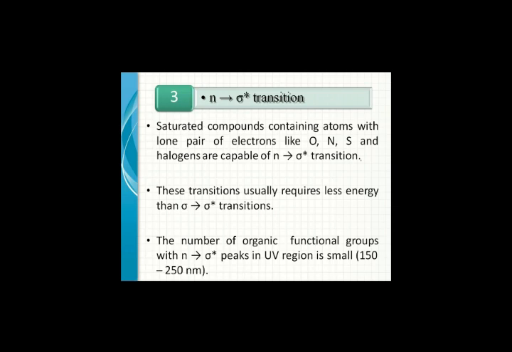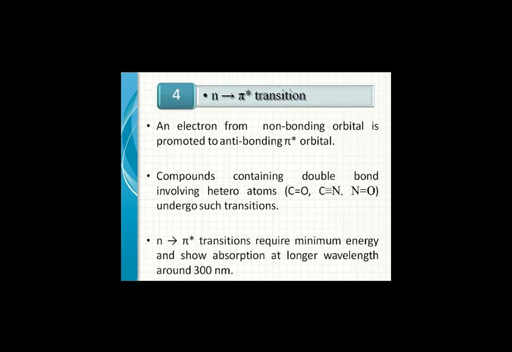These transitions usually require less energy than sigma to sigma star transition. The number of organic functional groups which show n to sigma star peaks in the ultraviolet region is small, between 150 nanometers to 250 nanometers.